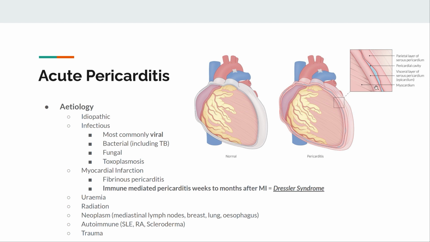The other thing, high yield for clinical years, low yield for your exams, is that if they get pericarditis weeks to months following a myocardial infarction, that's called Dressler's syndrome, and it's an autoimmune process where the proteins that get exposed from the necrosing myocardium mount an immune response weeks later, which goes and attacks the pericardium. That's a unique autoimmune pericarditis.